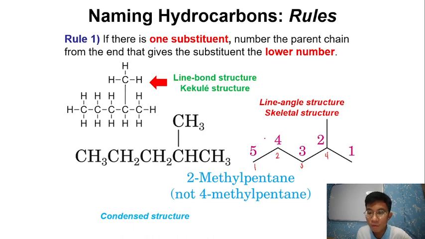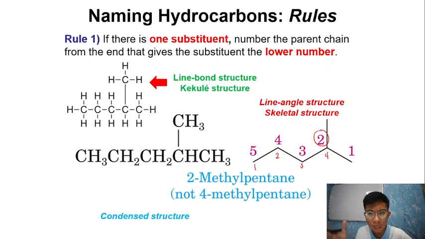So, from kaliwa to kanan, yung substituent is number 4. Pero kapag kanan, yung methyl group ay nasa carbon number 2. So, you decide 2 versus 4, then go to the lowest number. So, that is 2. Kaya yung rule ay magsimula ka dun sa end kung saan mas mauna mo ma-encounter yung substituent. Okay? So, that is rule number 1.